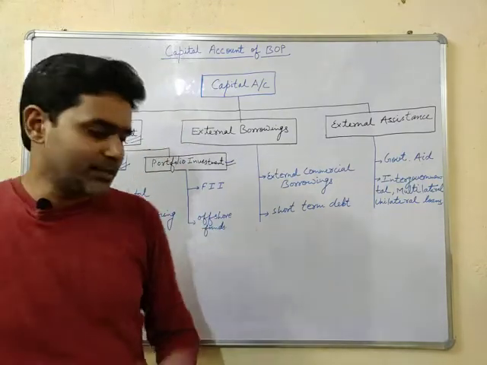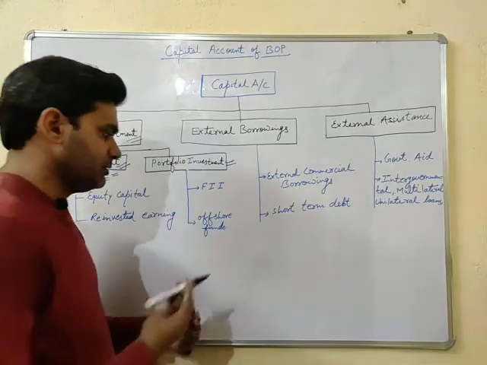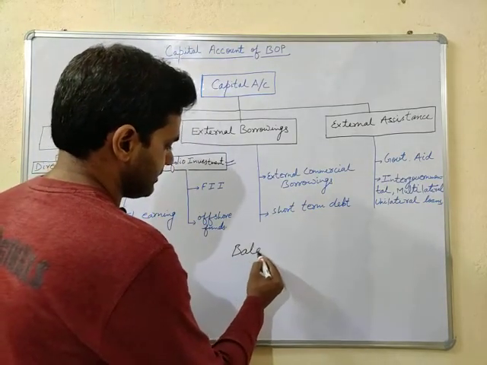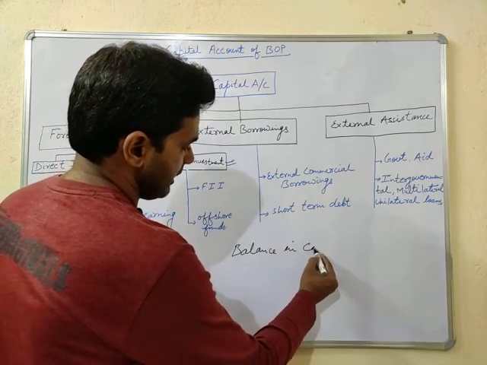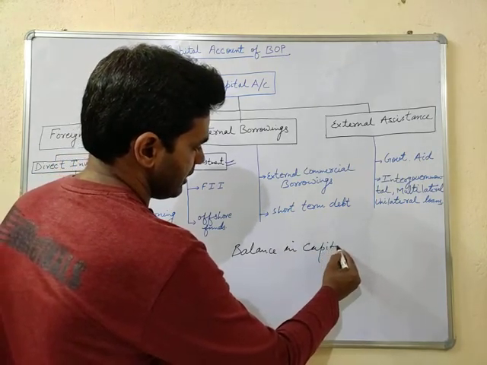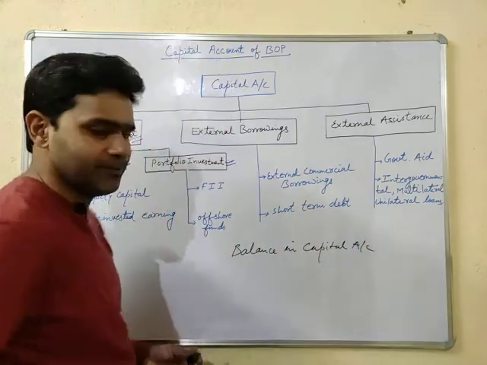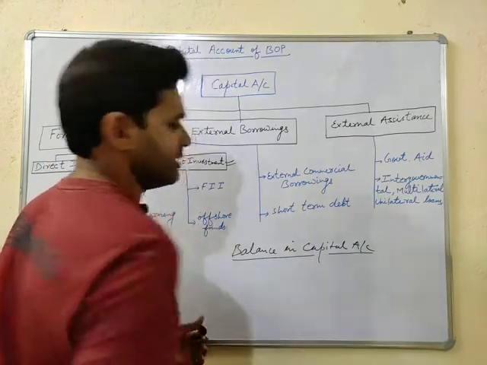And as far as the balance in the capital account is concerned, now I will tell you that there can be three situations, as we have seen in the case of the current account.